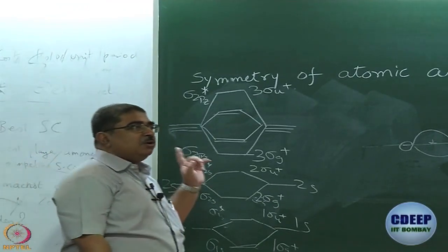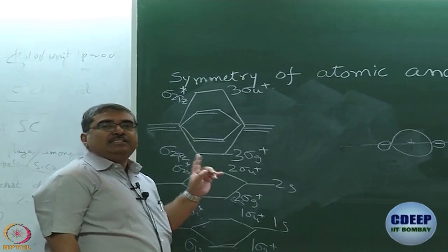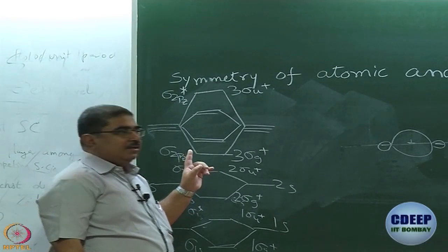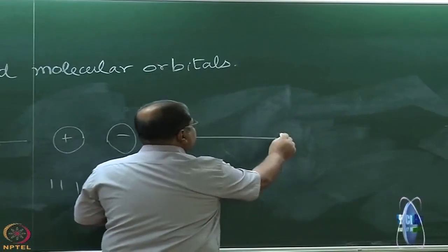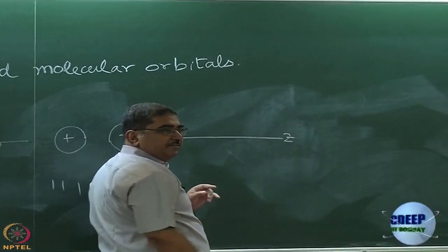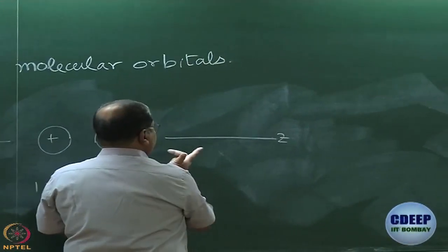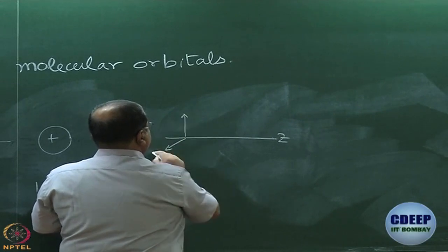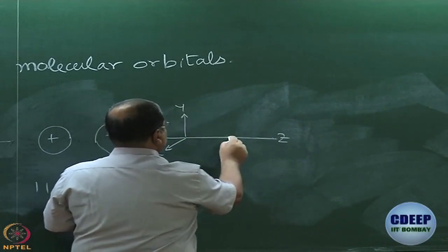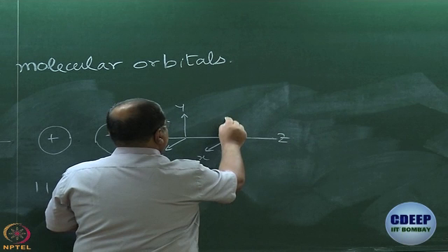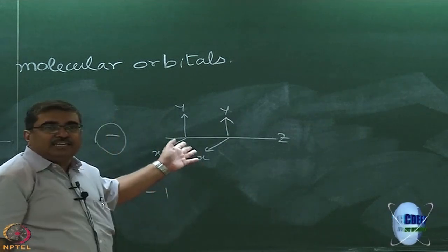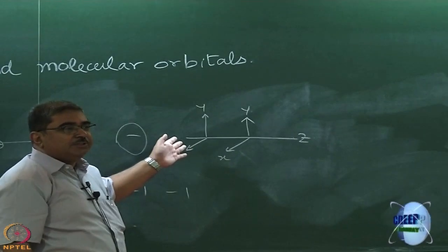Pi orbitals do not belong to a one dimensional representation. Let me draw them like this. This is Z that is defined, okay. Is it difficult to understand if I draw the p orbitals as arrows?